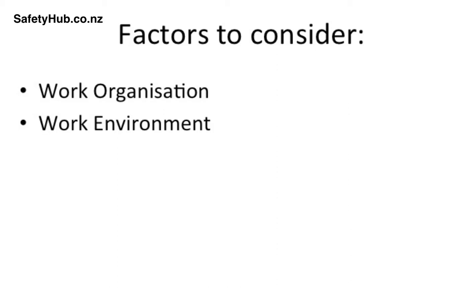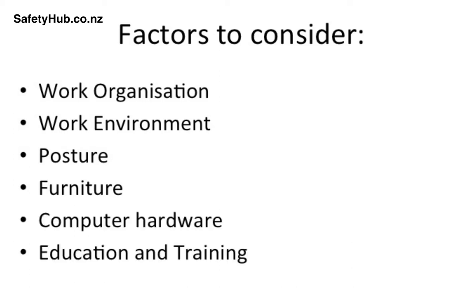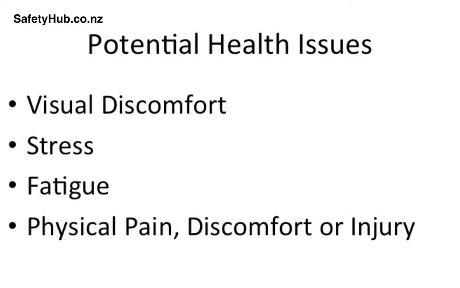Then there's the posture, the furniture, the computer hardware, and education and training. All of these factors, if not managed, can create 4 potential health issues, including visual discomfort, stress, fatigue, and physical discomfort, pain, or injury.